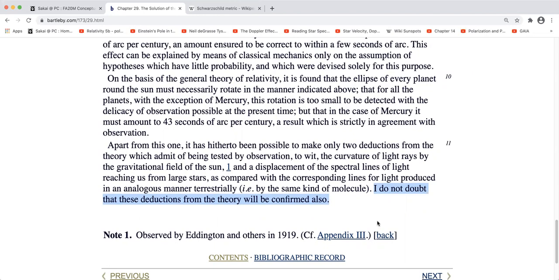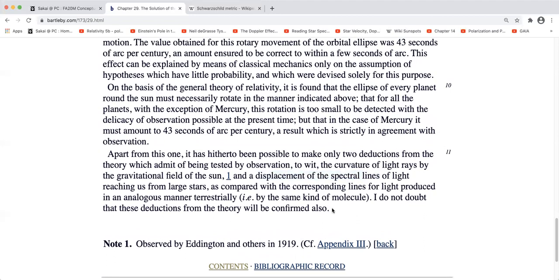He says that they have been confirmed, which means that this edition was written when the shift in the spectral lines of the light coming from, say, Sirius B, wasn't detected yet. So just keep that in mind if you're using maybe an older edition.